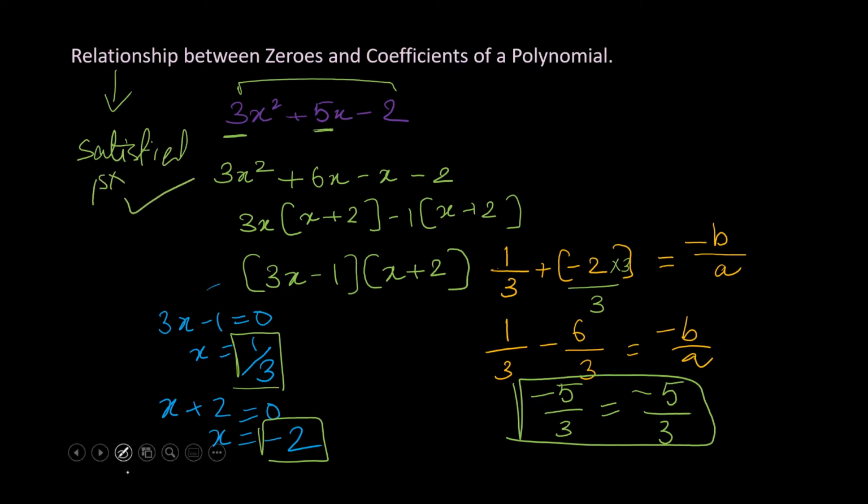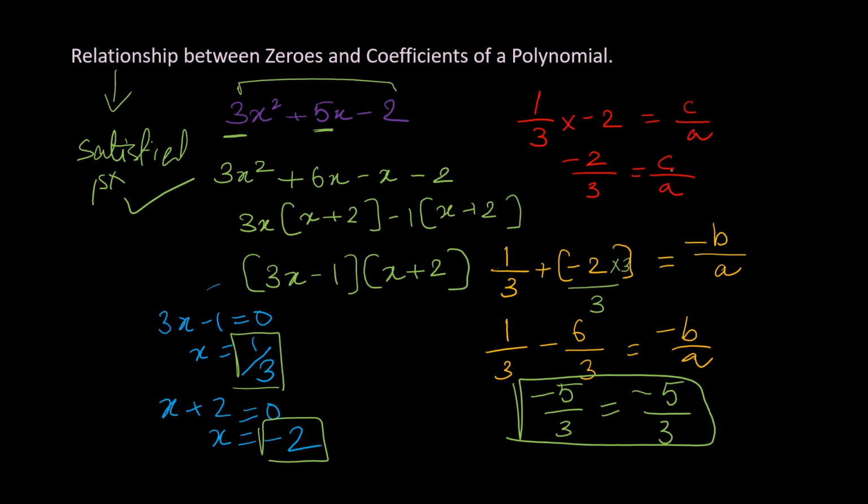Now let's check the second one, the product of those two. Let's multiply both of them. The first one is 1 by 3 into minus 2, and that should be equal to c by a. When we multiply this, we'll get minus 2 by 3 should be equal to c by a.